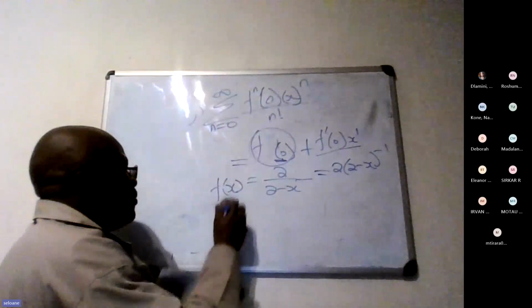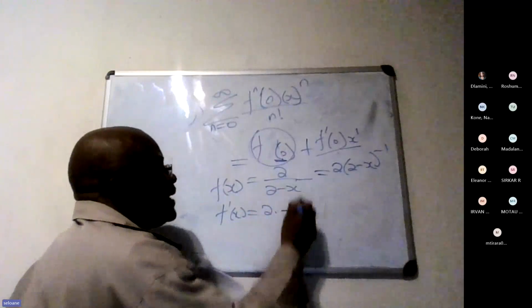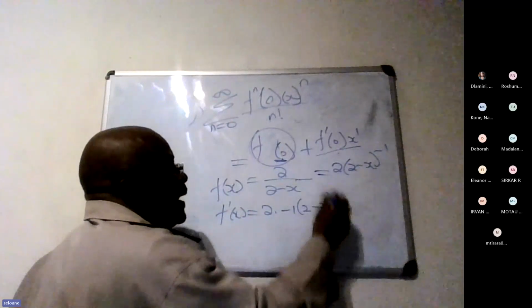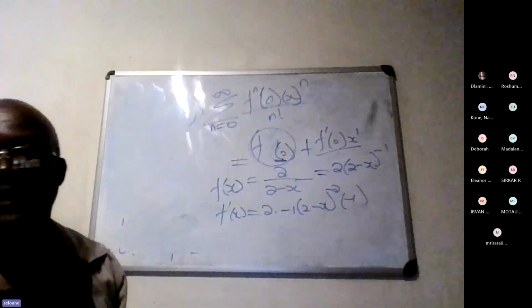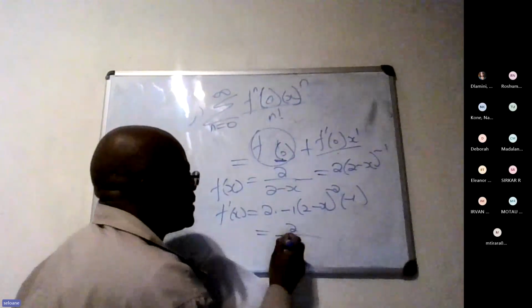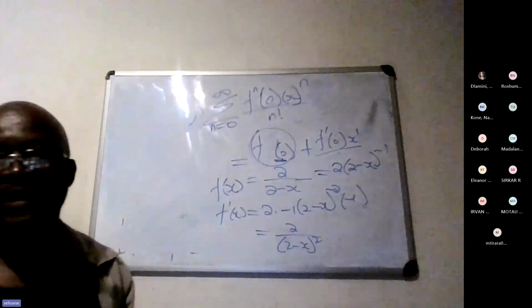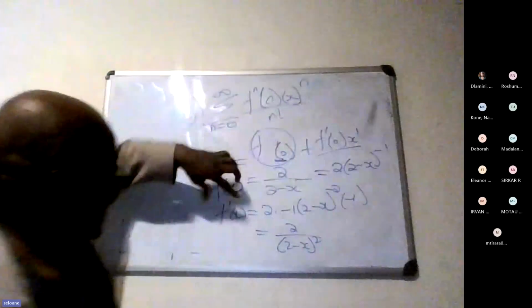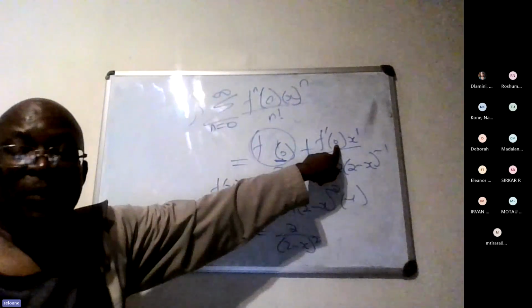So what will be the derivative of this? The derivative of it will be 2 multiplied by this exponent minus 2, multiplied by minus 1. It will be this, the derivative of this, which is 2 over what? Which is 2 over this. Then from there, that is the derivative. Then you replace x by 0.